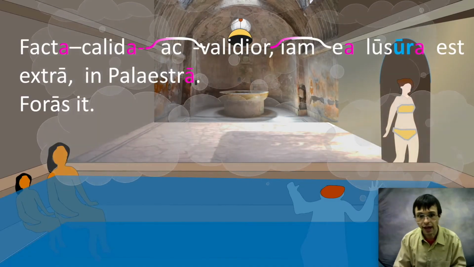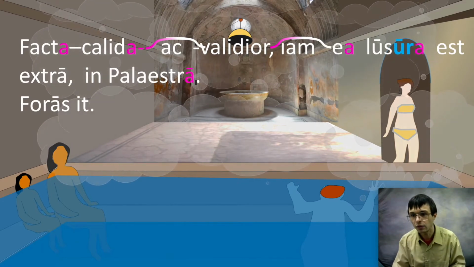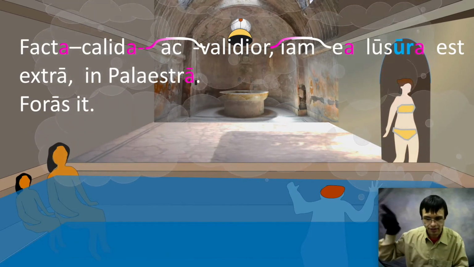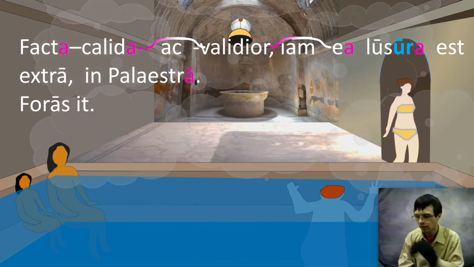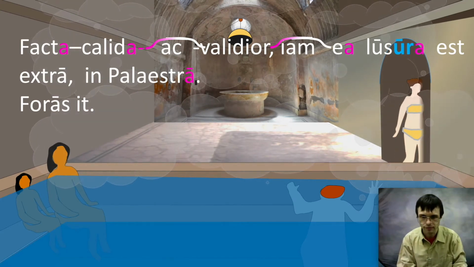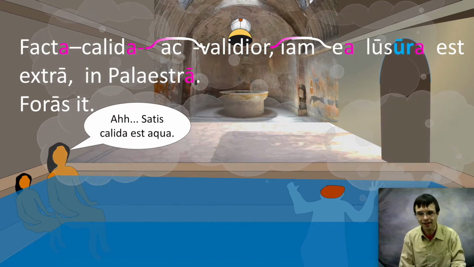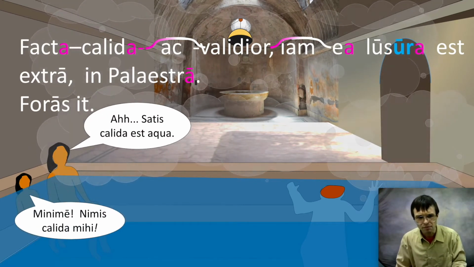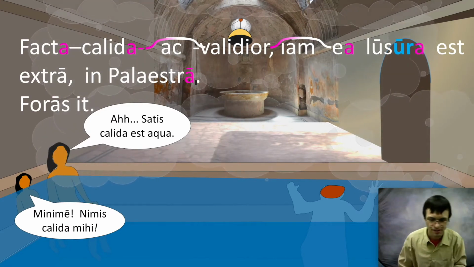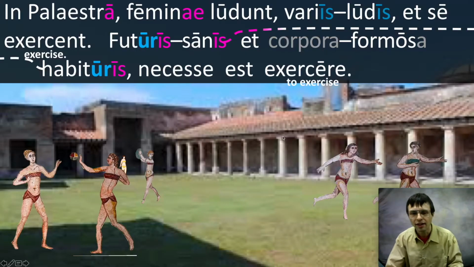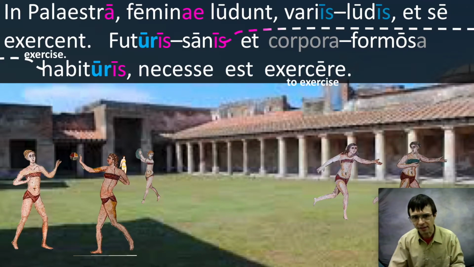Facta calida aqualidior iam ea lusura est, extra in palaestra foras it. Ah, satis calida est aqua, minimis calida mihi. In palaestra feminae ludunt, variis ludis, et se exercent futuris sanis et corpora formosa habituris necessa est exercere.